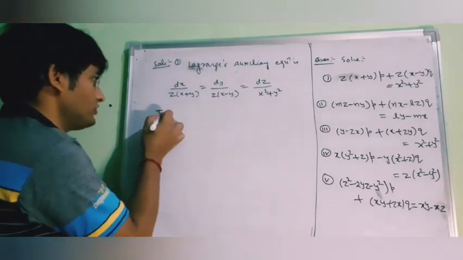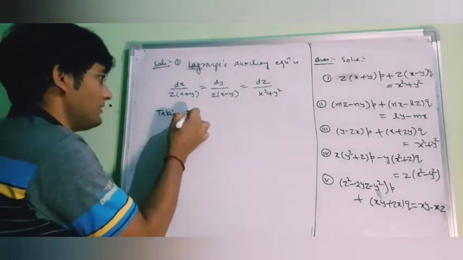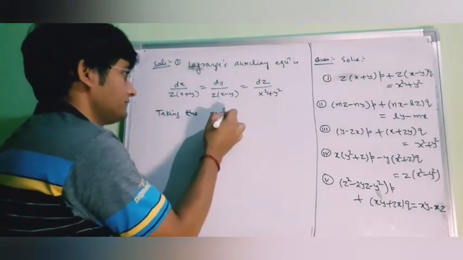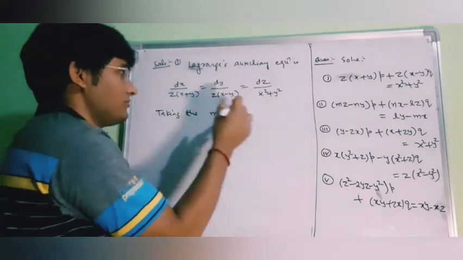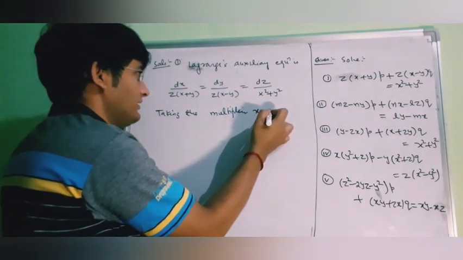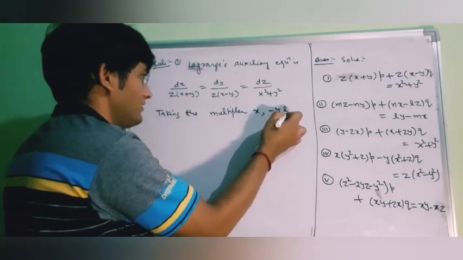So taking the multiplier, say I am multiplying the first term by x, second term by minus y, and third term by z.